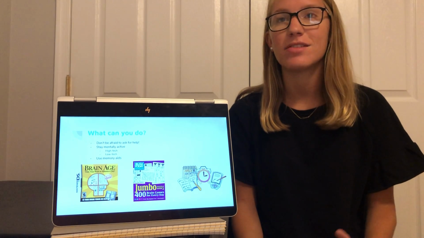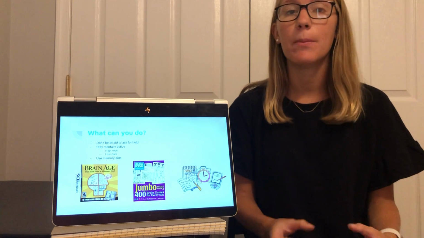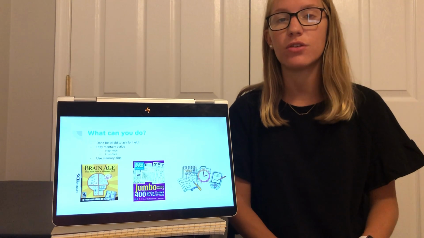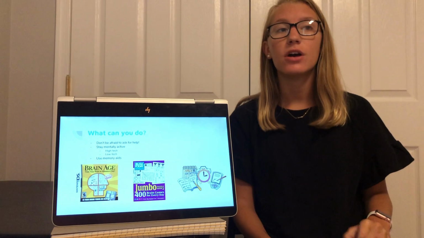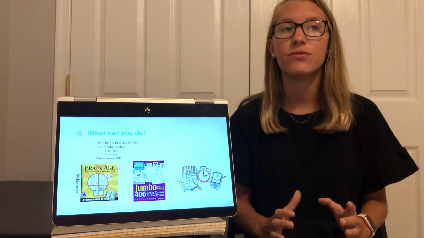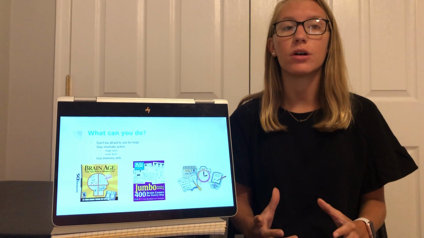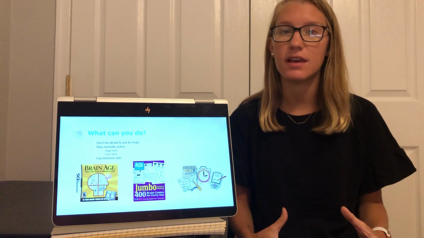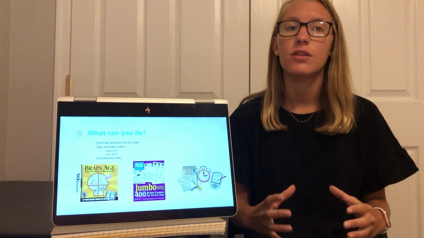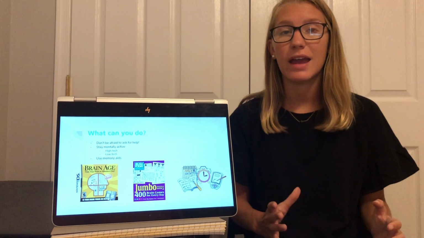And if you're not technically savvy, there are the classic puzzle books that you can do that have word searches, Sudoku, crossword puzzles, different things like that. Anything that challenges your brain to really think hard or just exercises it in any way, just really makes you think. Those are the things that you want to use to stay mentally active.